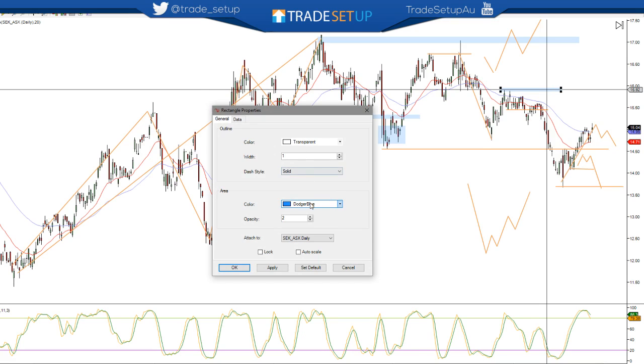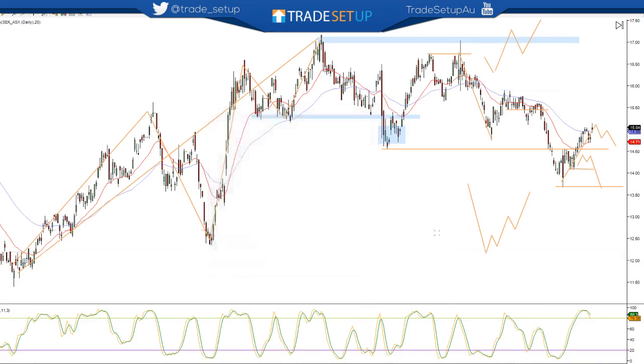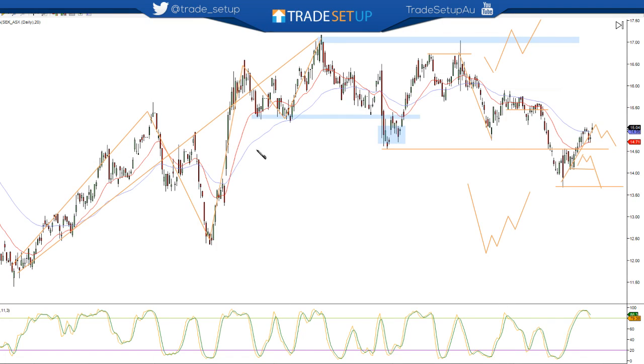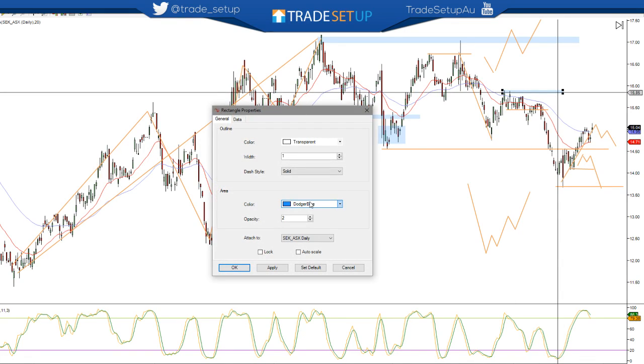If we just change that color just to make it a bit, well, that didn't work out very well, did it? So the anchor to the move should be there.